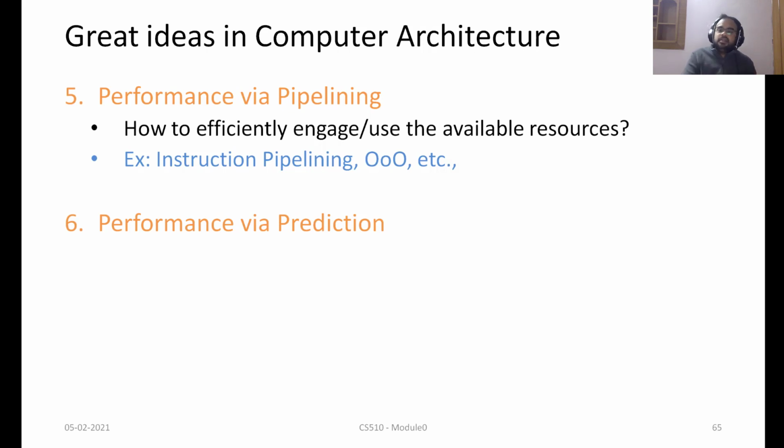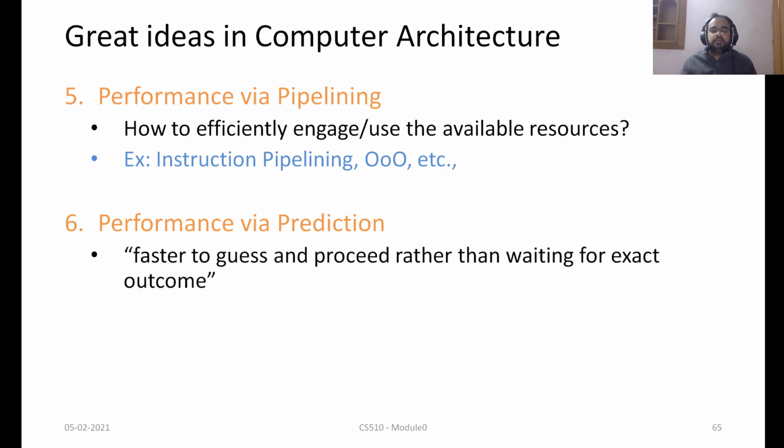That or similar prediction mechanisms are used at multiple places in your processor to get better performance. The primary takeaway point is it is better to guess and move on rather than to wait for the exact outcome. We will realize this in module 2 when we look at some branch prediction techniques.